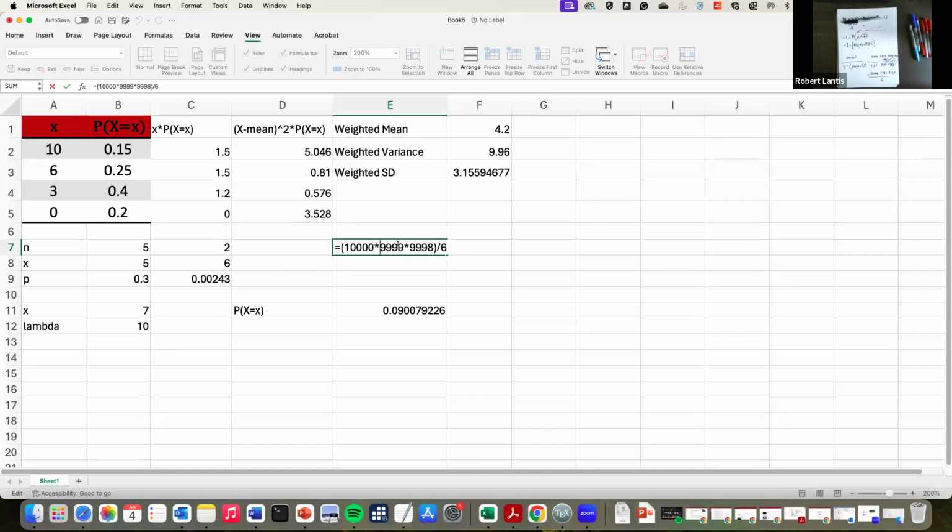Oh, because that's only the first part of it. Sorry. So this is my numerator.